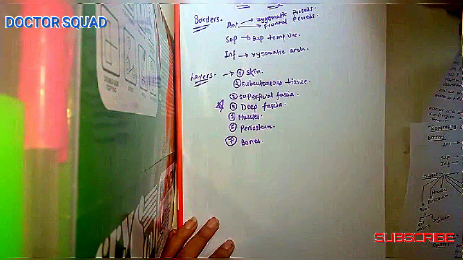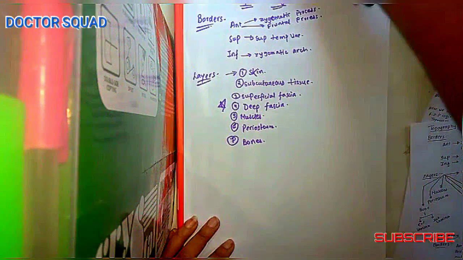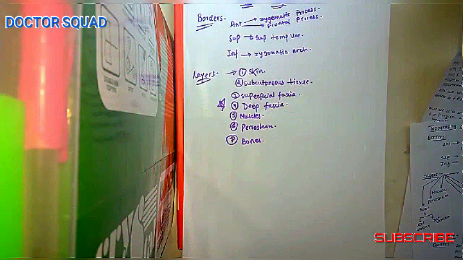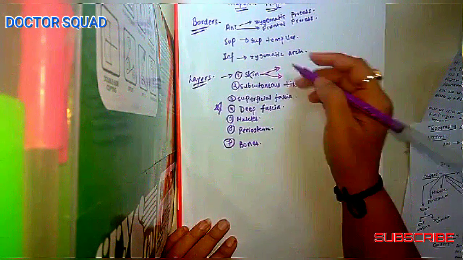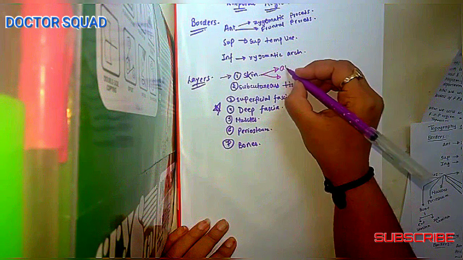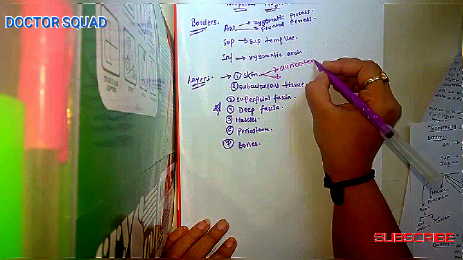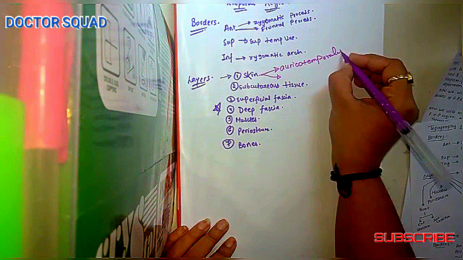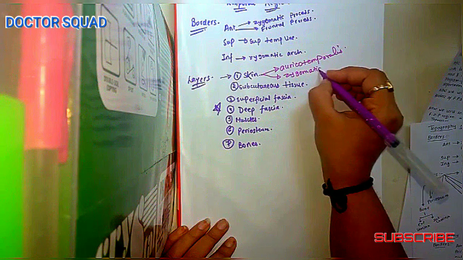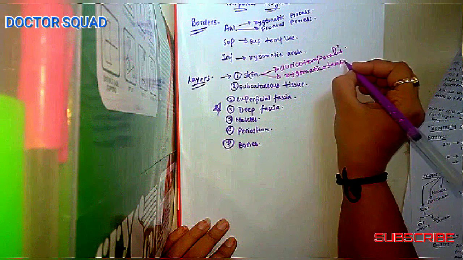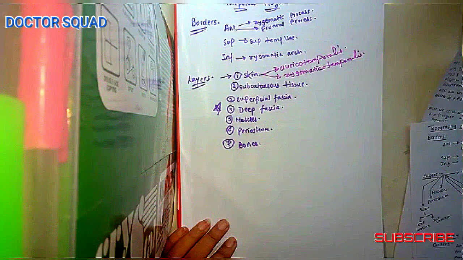So skin, it is innervated by two nerves. It consists of two nerve insertions, the auriculotemporalis nerve and the zygomaticotemporalis nerve. How do you remember these nerves?